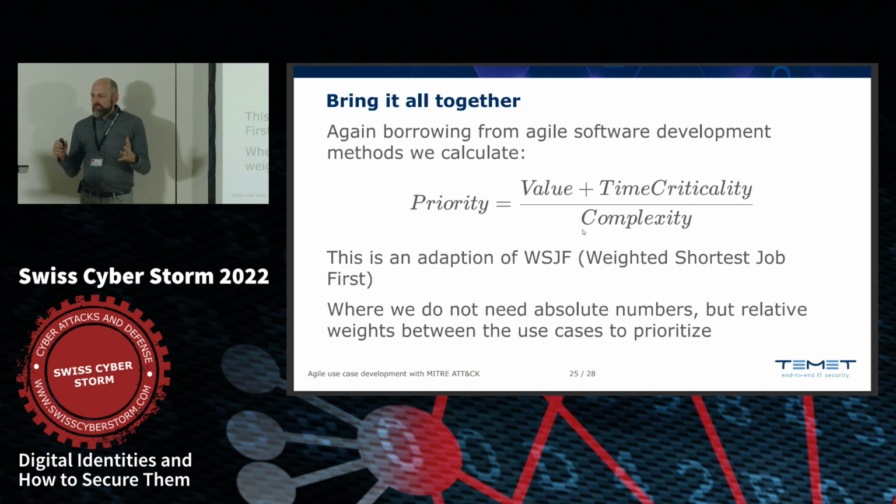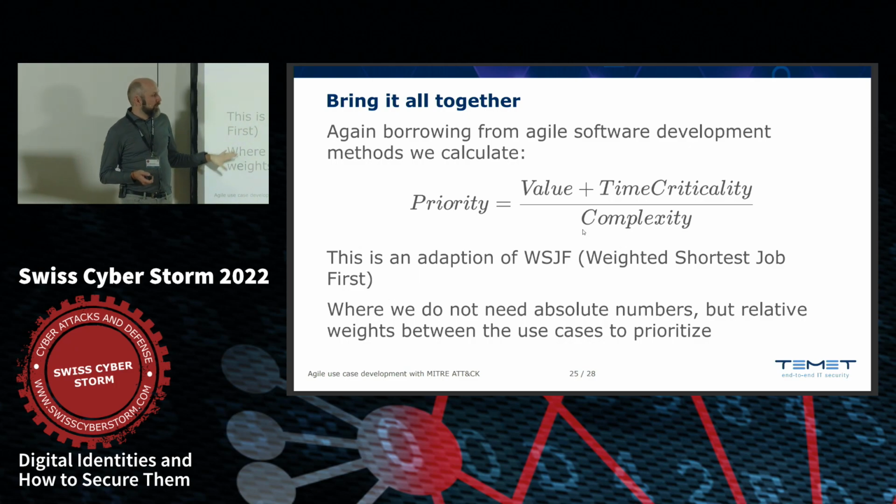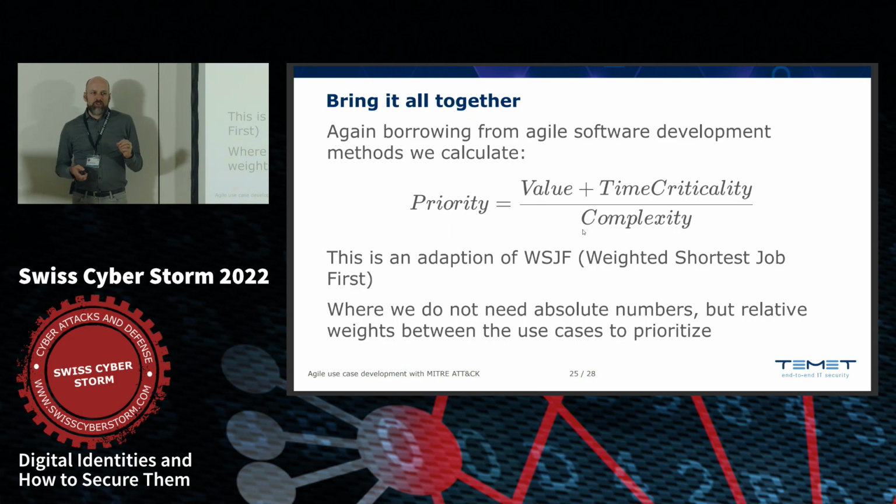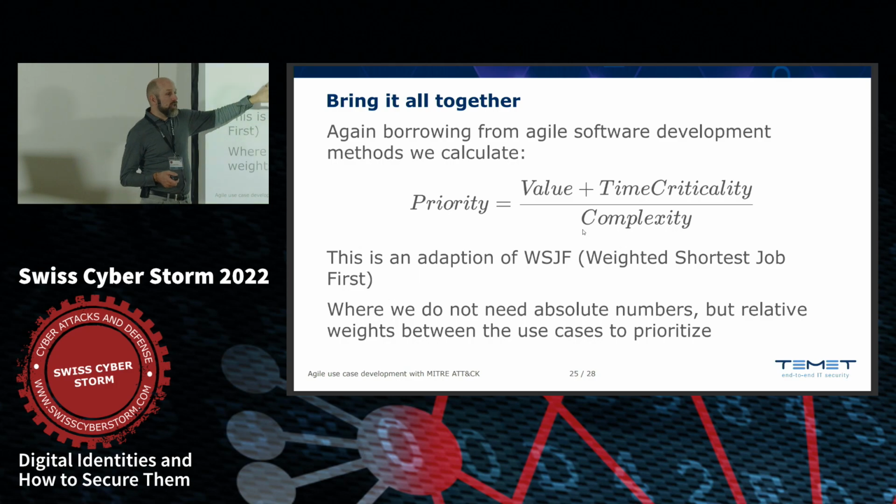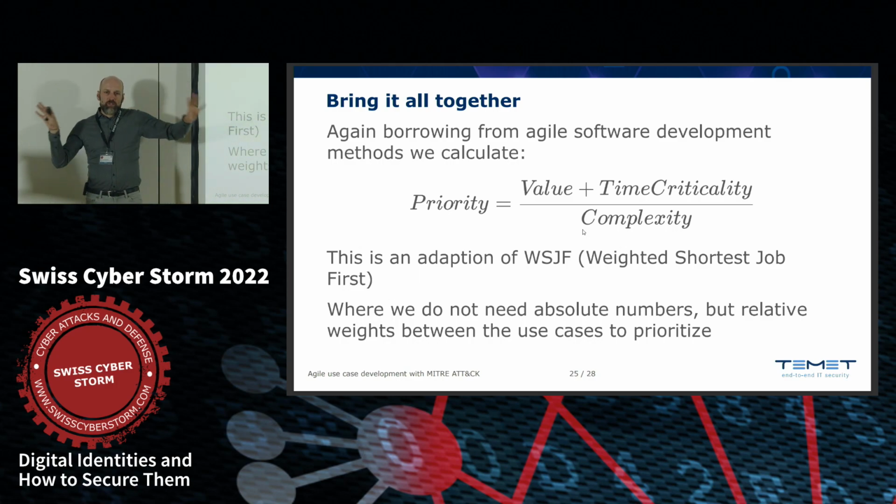And now you would probably say, well, but how do I calculate value? How do I value time criticality? And here again, when we look at WSJF, we don't need to have absolute values for this calculation. It's enough to have some relative values. So you look at several use cases and you look at which one is the least complex, and you assign a number 1 to that one. And then you grade the others relative to that.